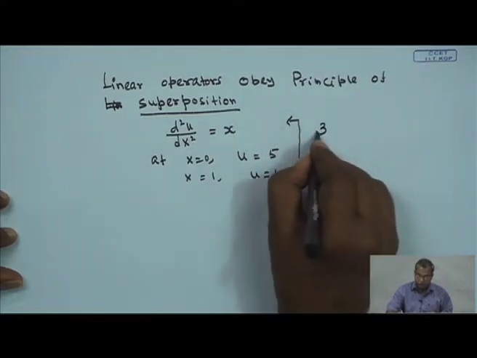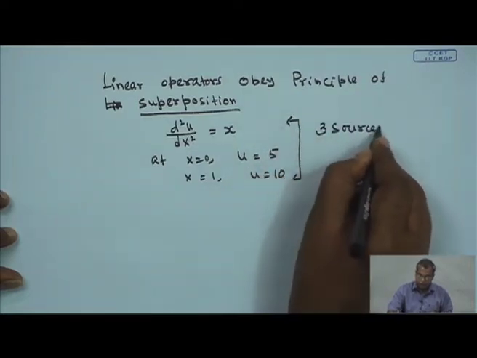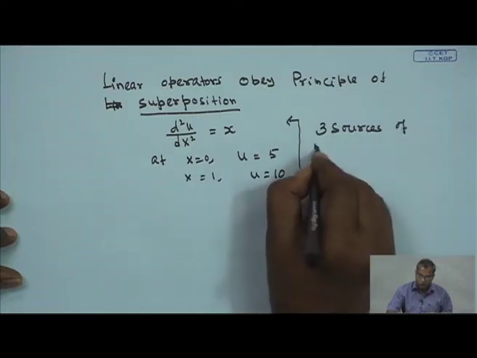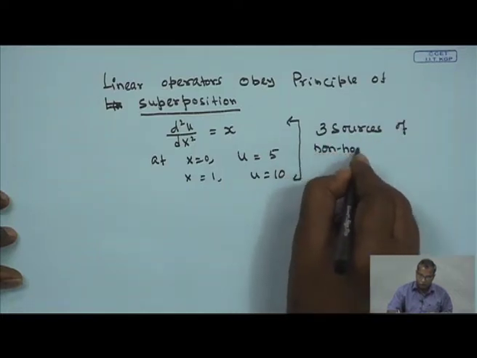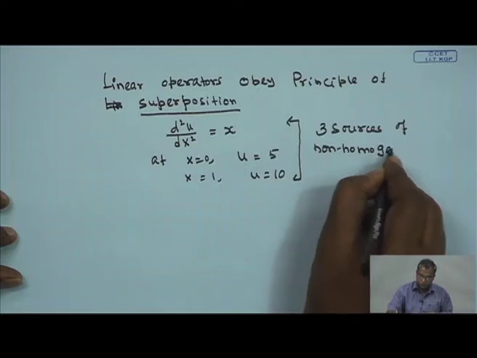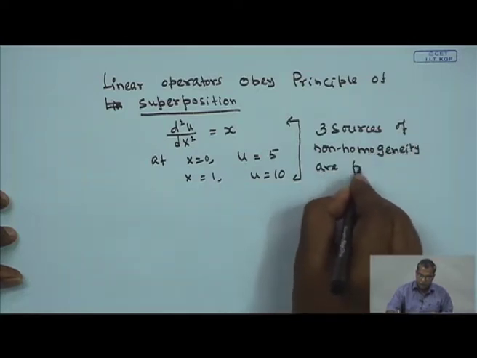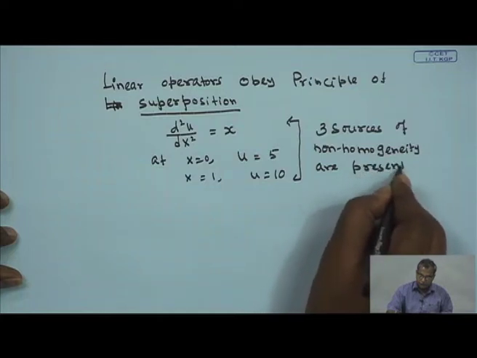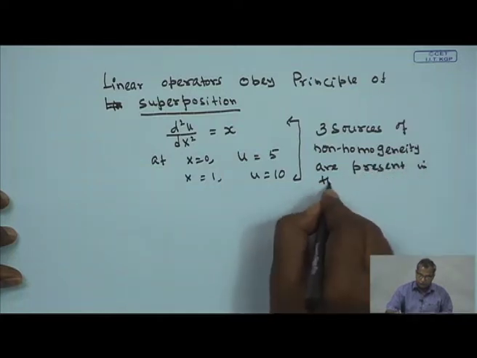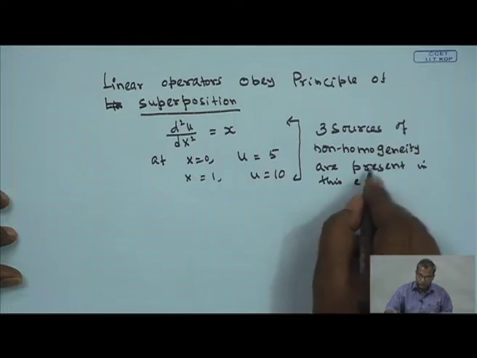There are 3 sources of non-homogeneity present in this equation, in this system.